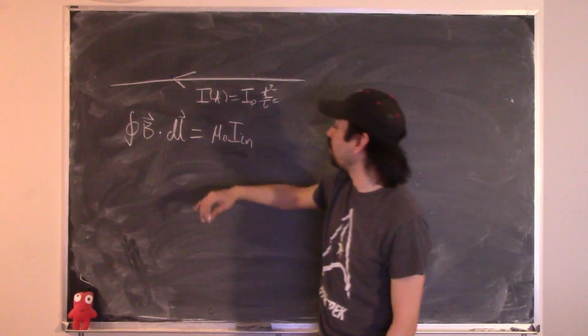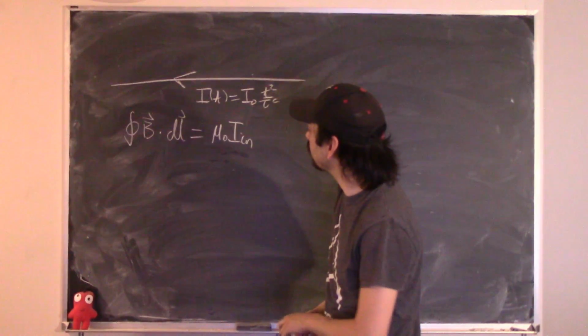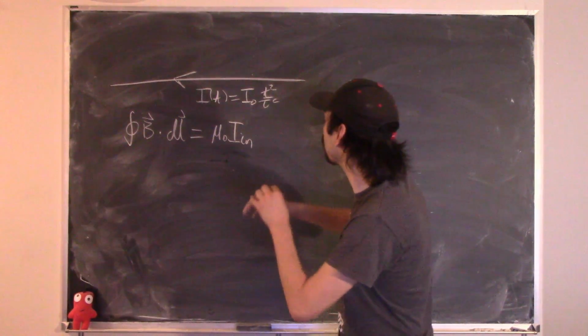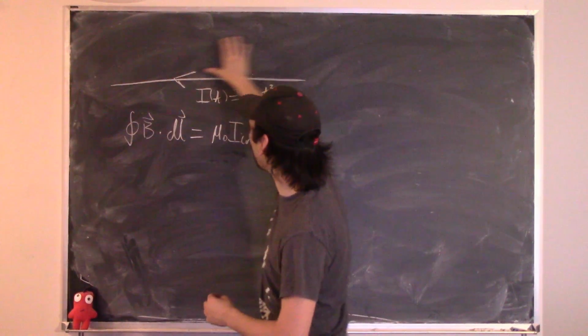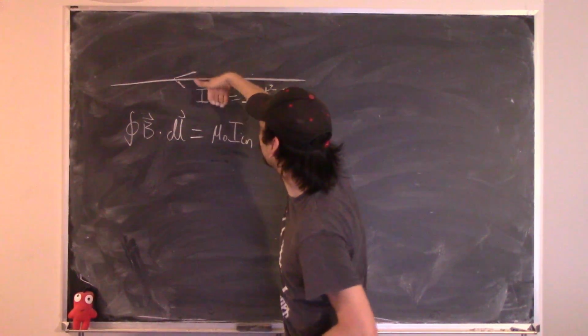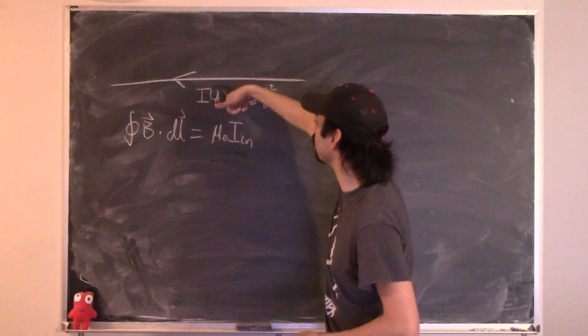Whenever we use Ampere's Law, the first thing we want to do is draw an Amperian loop. The loop that I'm going to draw uses the right-hand rule: I take my thumb and point it in the direction of the current, and the magnetic field wraps around in the direction of my fingers.